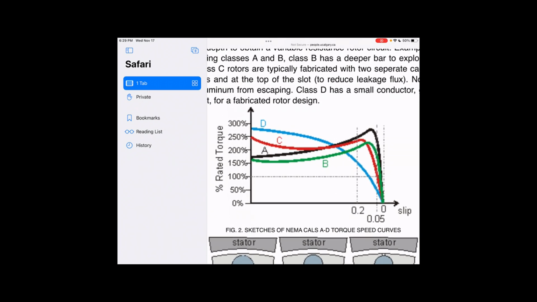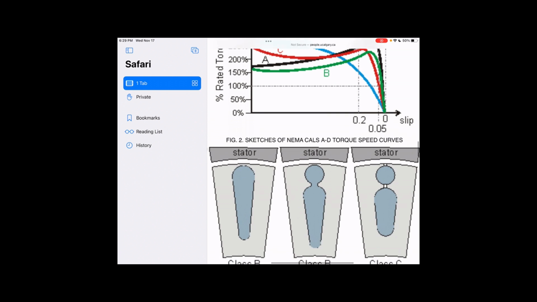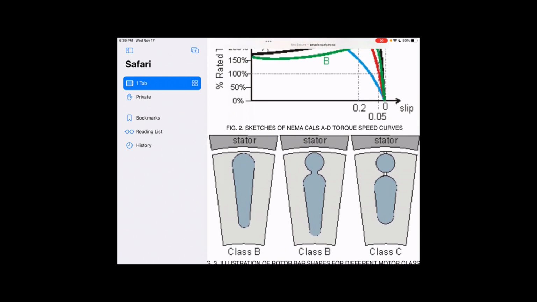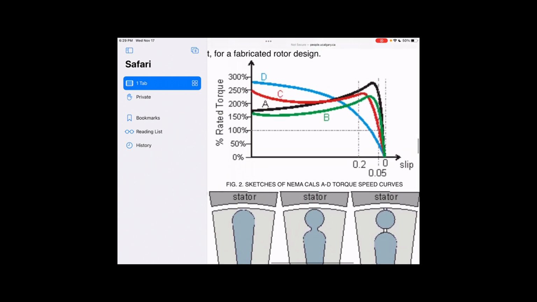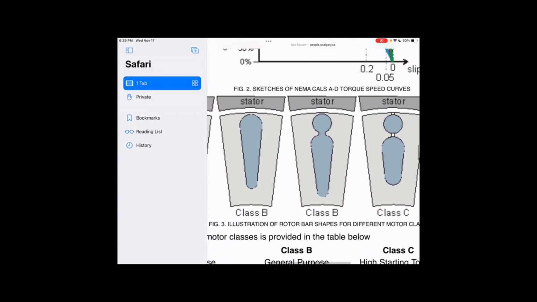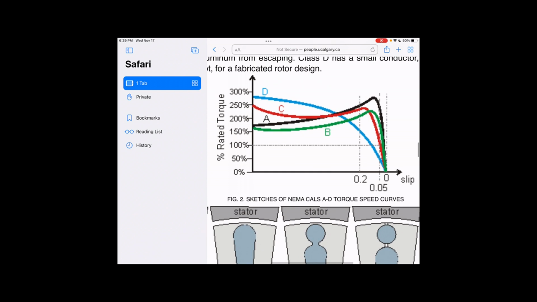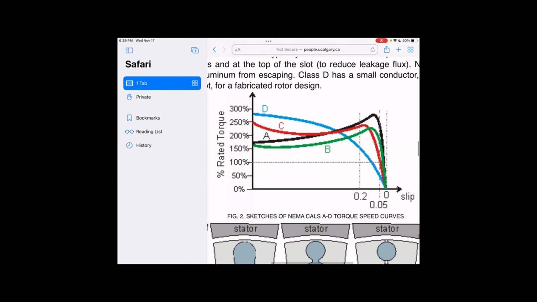So look here, you have different torque speed characteristics of the motor depending on the design of the rotor bar, because those have different shapes, so they will have different resistances and inductances depending on the design, like you see in here. Okay, guys? Like we said, this will impact the torque speed characteristics of the machine.